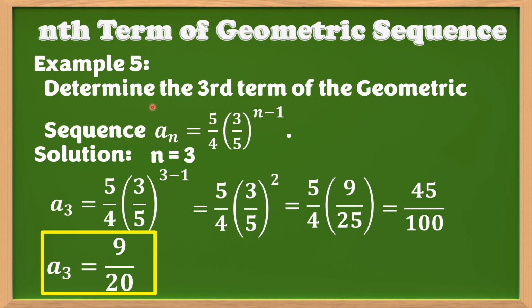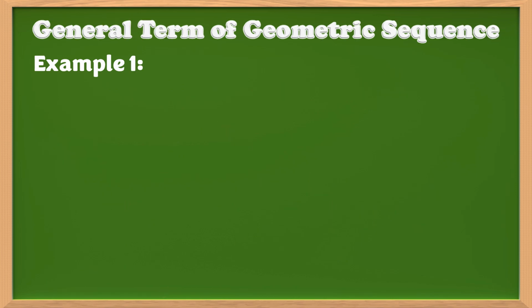So the third term of the geometric sequence a sub n is equal to 5 over 4 times 3 over 5 raised to n minus 1 is equal to 9 over 20. Let us discuss now the process on how to determine the general term of geometric sequence.